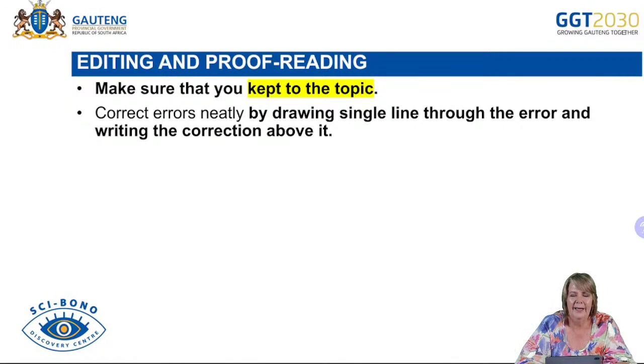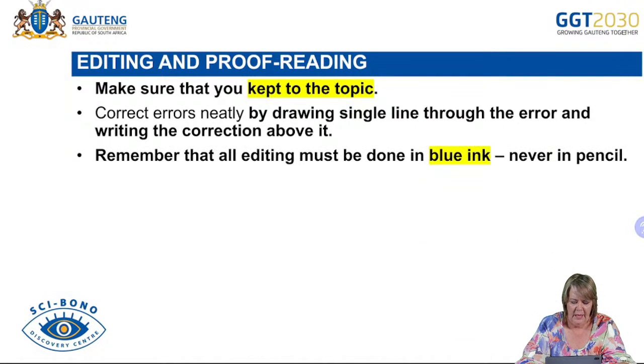And then it's like a grade 1 going to town on coloring a picture. And you scratch it out. It's unnecessary. A clear line through it and the correct word above will suffice. Remember that all editing must be done in blue ink and not in pencil like you would often do in the classroom.